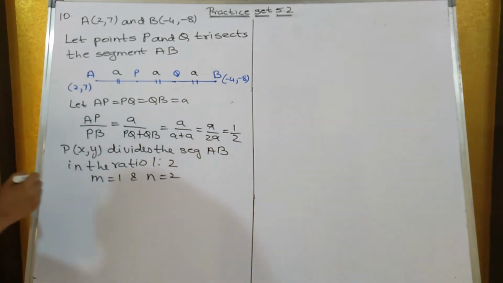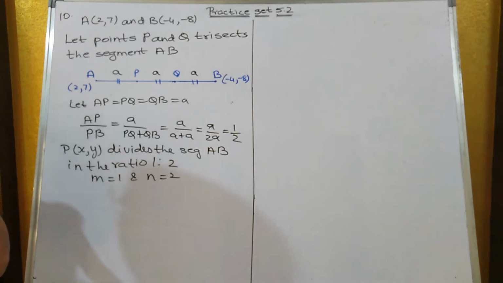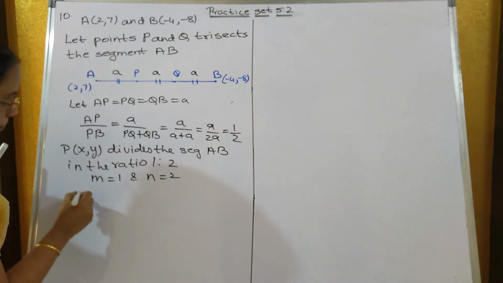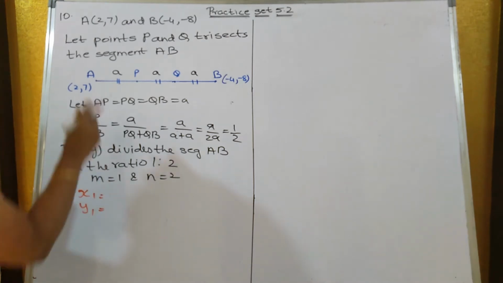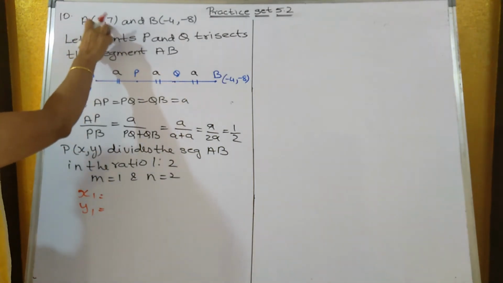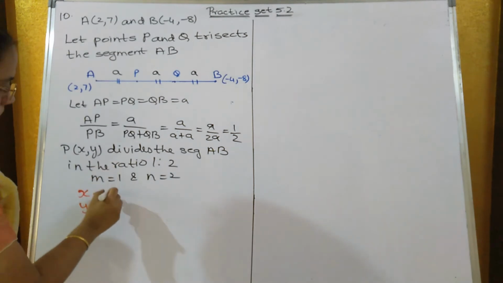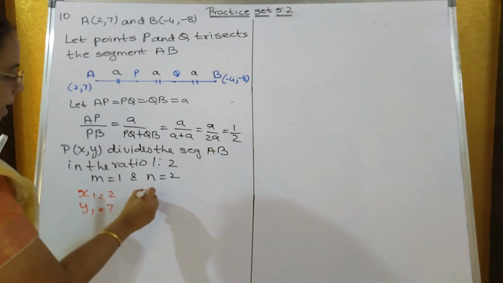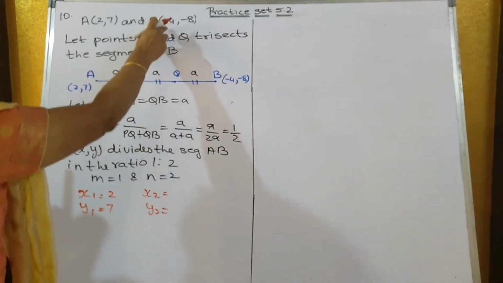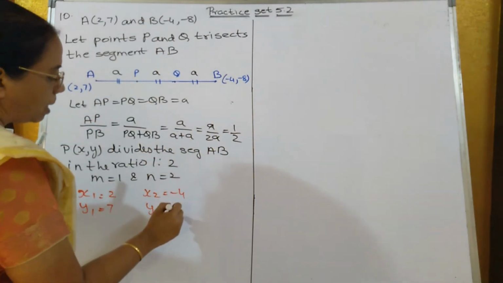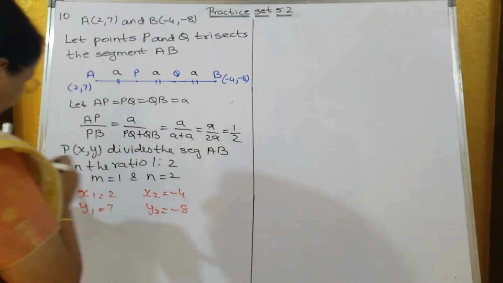So section formula over here, x1 y1 is what? x1 and y1 is equal to what? (2, 7). And x2 y2 is equal to what? x2 y2 is (-4, -8).